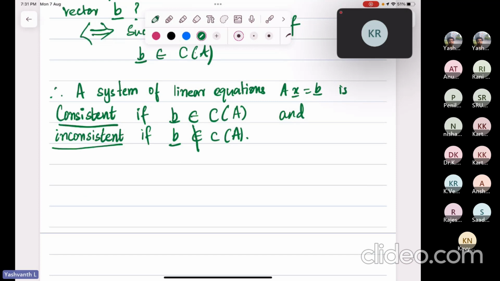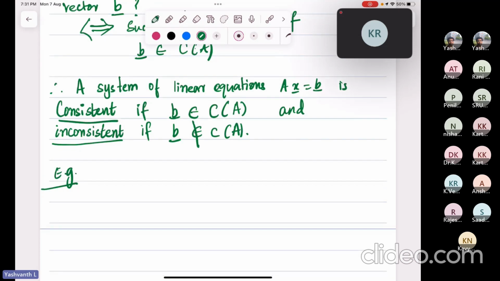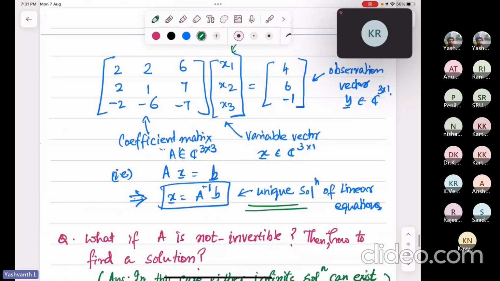So, example. I think it's a good time to give an example to ensure that we are on track. So let me take some example. Maybe we will take the same example as what we took here.